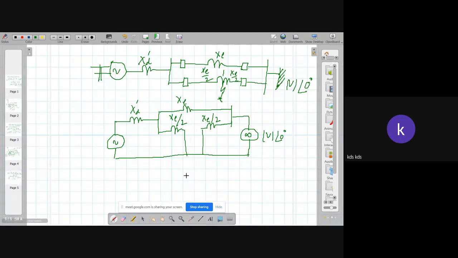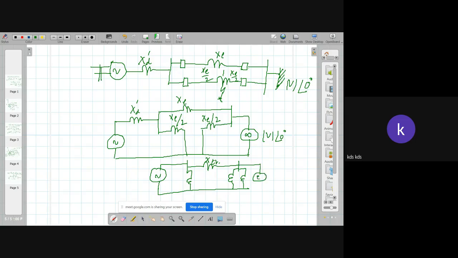Now here we can apply the star delta transformation to find out the net transfer reactance between the generator bus and the infinite bus, right? So we need to apply the star delta transformation so that we are able to find out this X transfer between the generator and the infinite bus.